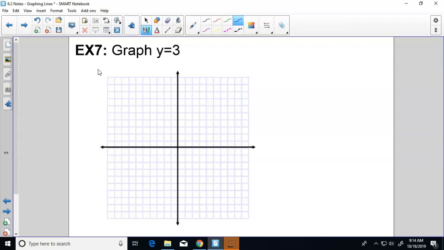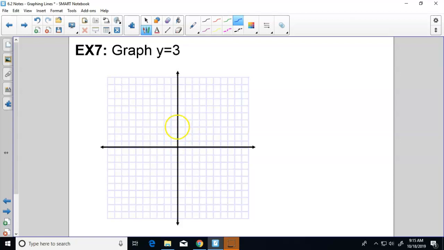So this is really easy, but you need to really laser focus attention right now because it's not what it seems like it should be. Okay? So, when you have y equals a number, what is your y-intercept of this graph?